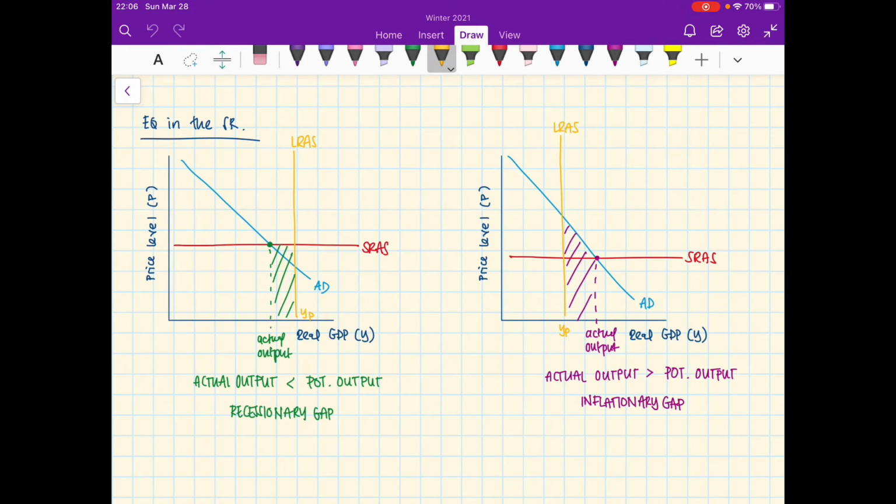So on the left, you can see we have a recessionary gap as actual output is less than the potential output. And on the right, we have an inflationary gap as the actual output is greater than the potential output.